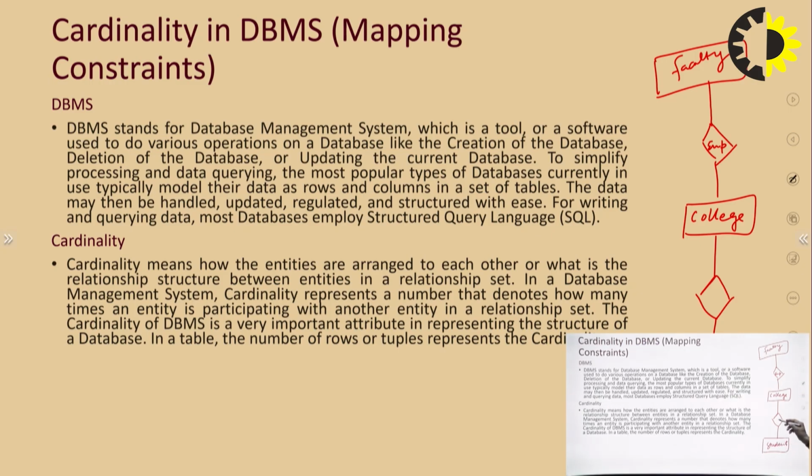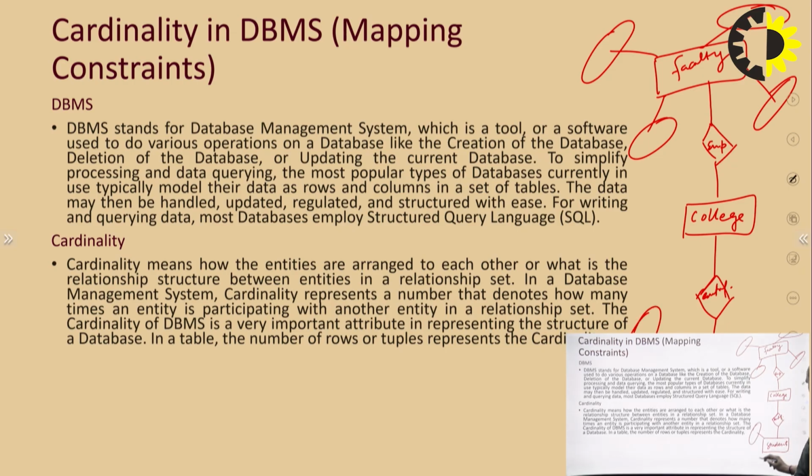Here is employee and here is the entity student, suppose enrollment. Then we can draw the attributes. We can also draw the attributes of the main entity, and derived attributes also. So this is the basic structure of an ER diagram of the college.